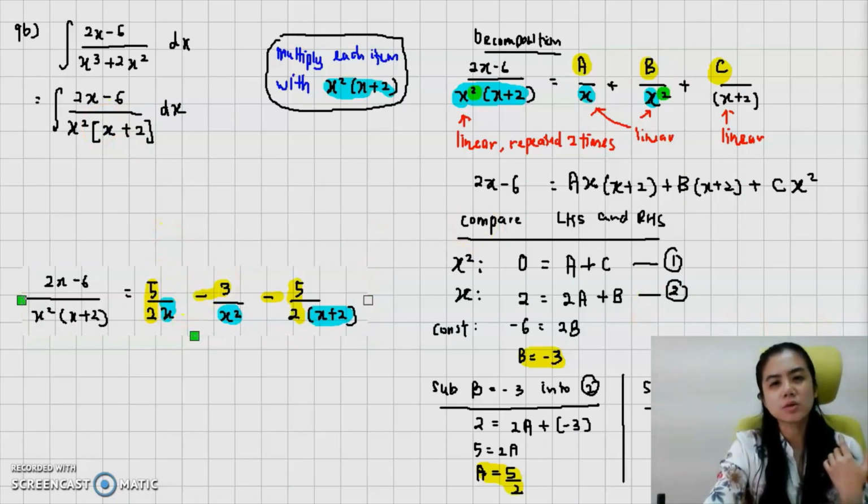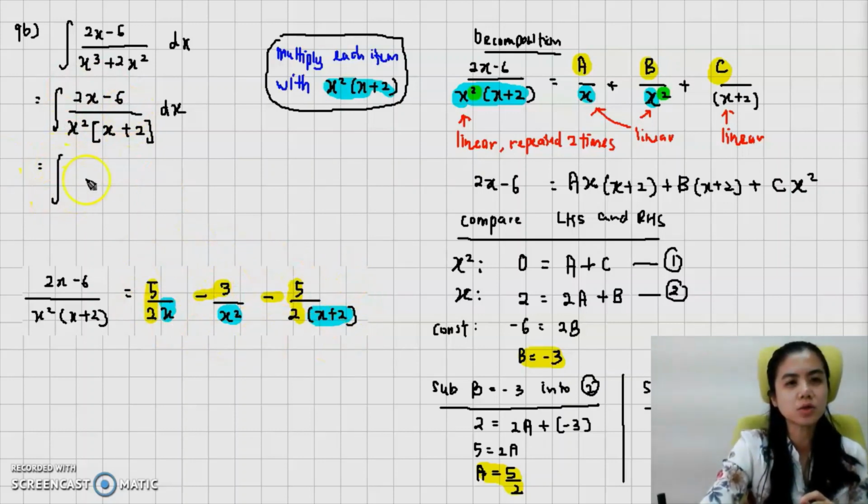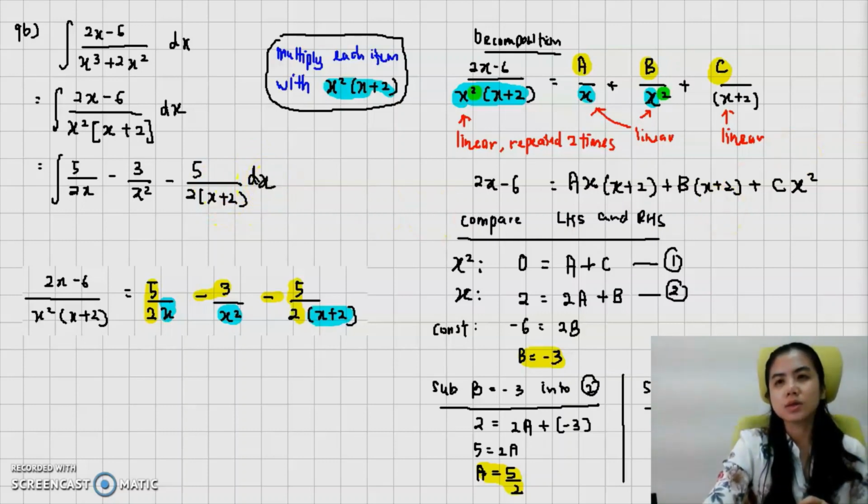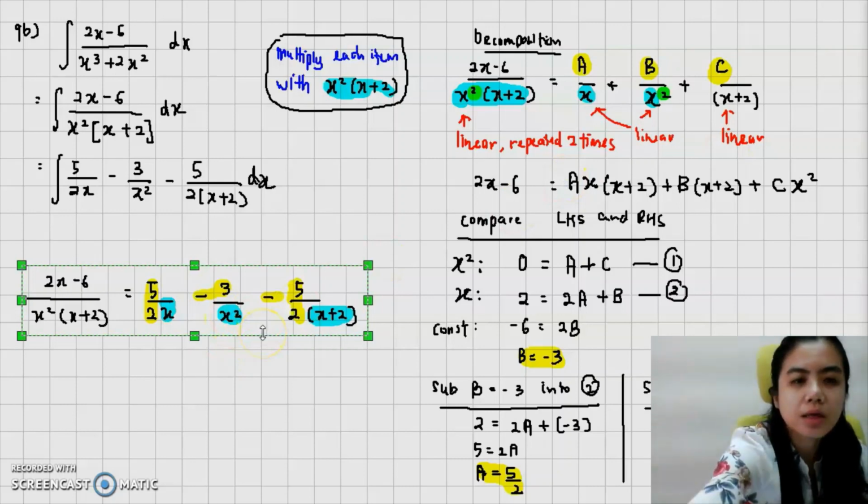So the next thing that you should do is sub this one to this item. So we will have the integration of 5 over 2x minus 3 over x squared minus 5 over 2 times x plus 2, dx. Once I had that, this one can be deleted.